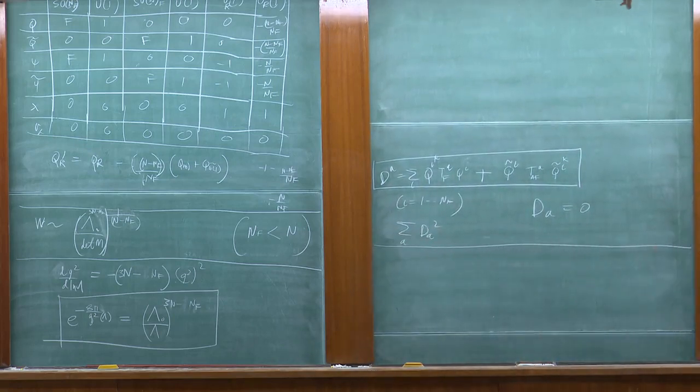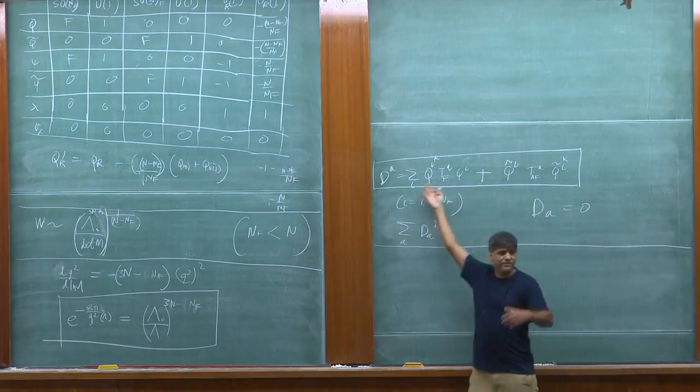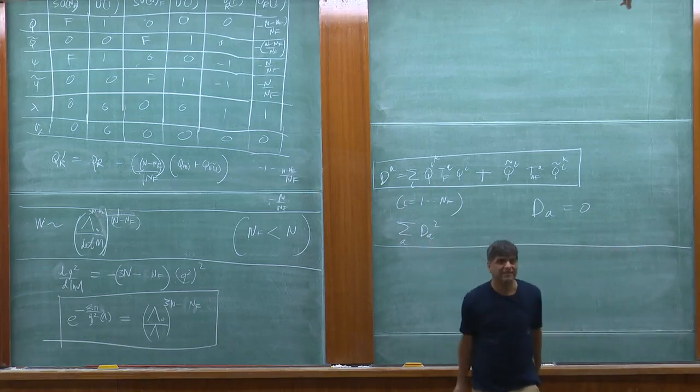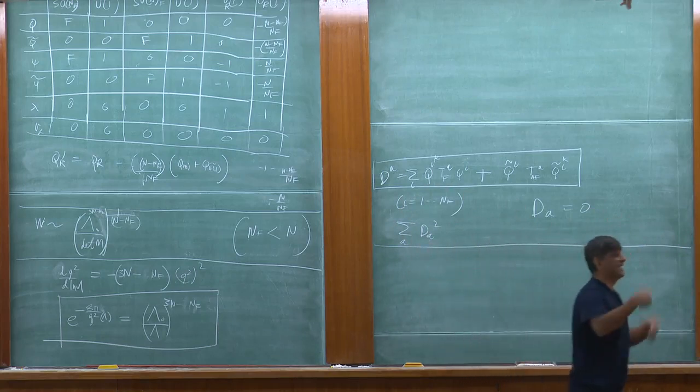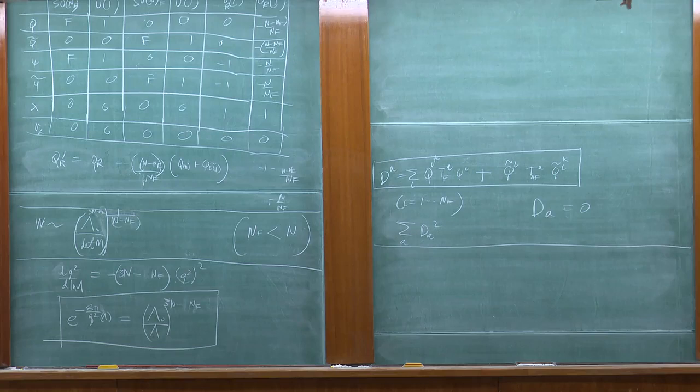Okay. So is this clear? The question that we're going to ask ourselves is, of these 2NF times n complex scalar fields, what can we say about what values of these 2NF times n complex scalar fields will set dA equals 0 for all A?